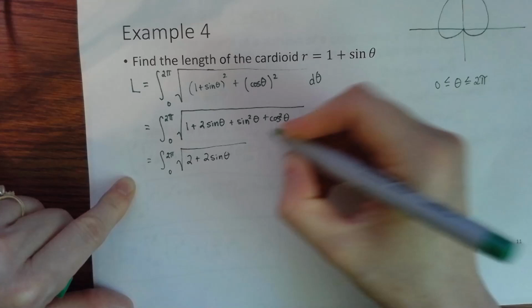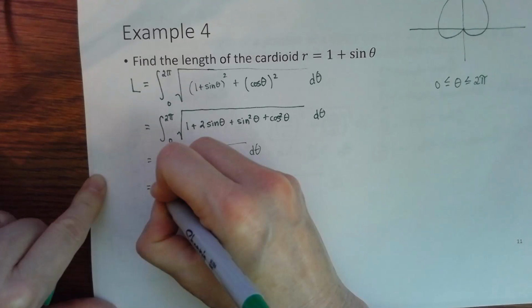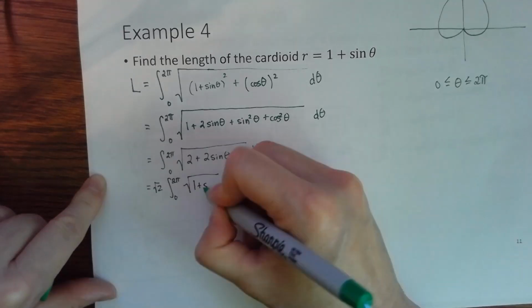So we could factor the 2 out. Let's take the square root of 2 out, so that we're just left with 1 plus the sine of θ.